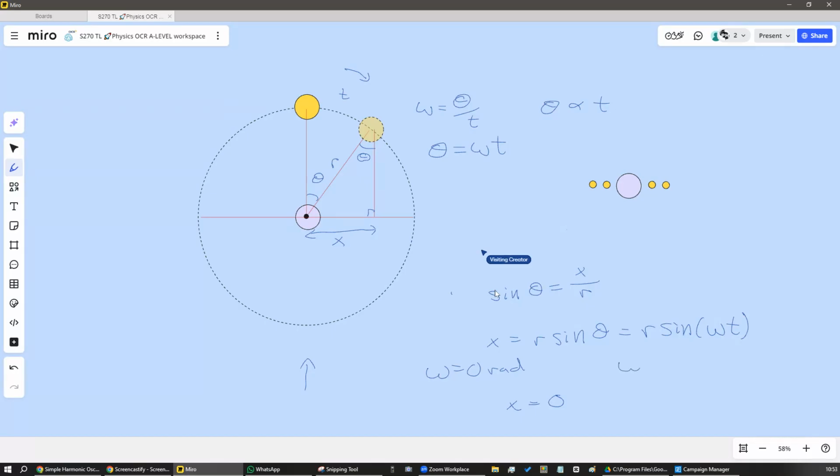When the angle is 90 degrees, I've got to think about this now, 2 pi is a whole circle, pi is half a circle, so pi over 2 radians. Then x is equal to the maximum point r. So we could think of r as just equal to the amplitude, because it's the maximum point.